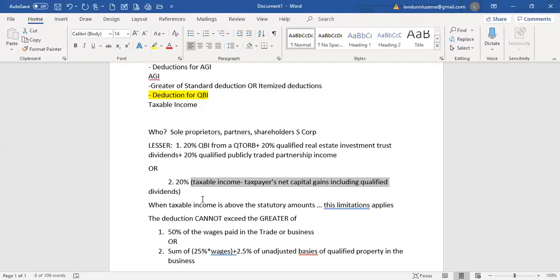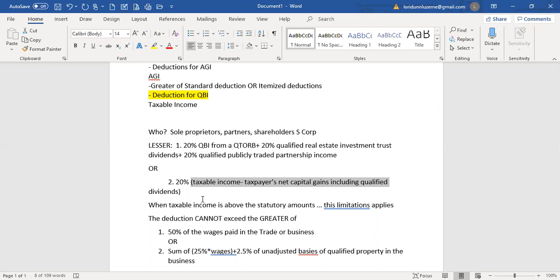Well, it's $10,000 before any limitation. Let's take a look. 20% of her qualified business income is $15,000, 75,000 times 20%. Now, even though she's an architectural firm, her taxable income is above that limit.